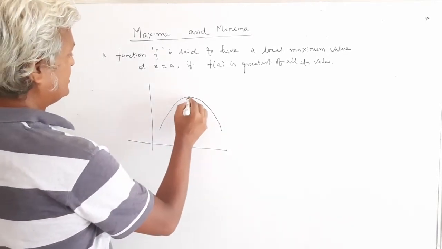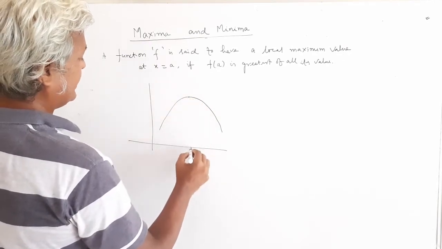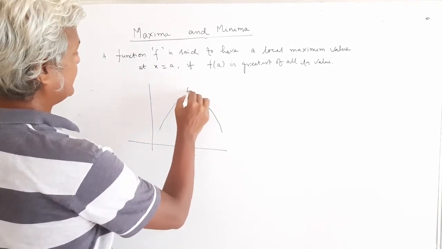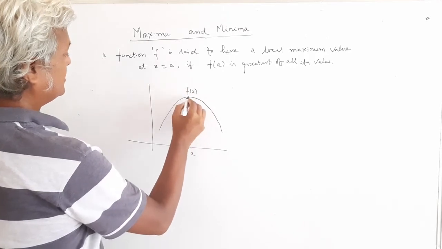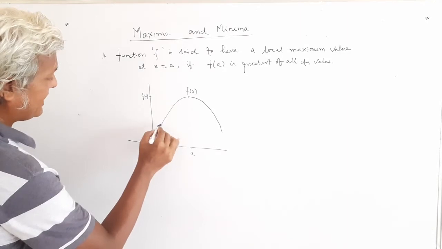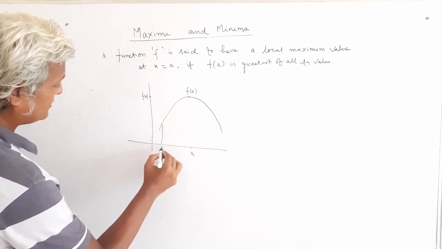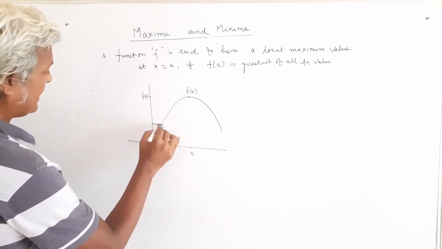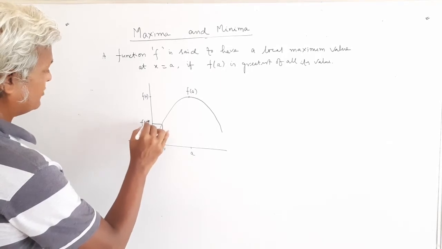So here you see this is the peak value, suppose this is a and this is f(a). Now when I have a point x1, then I can have its value f(x1) here.